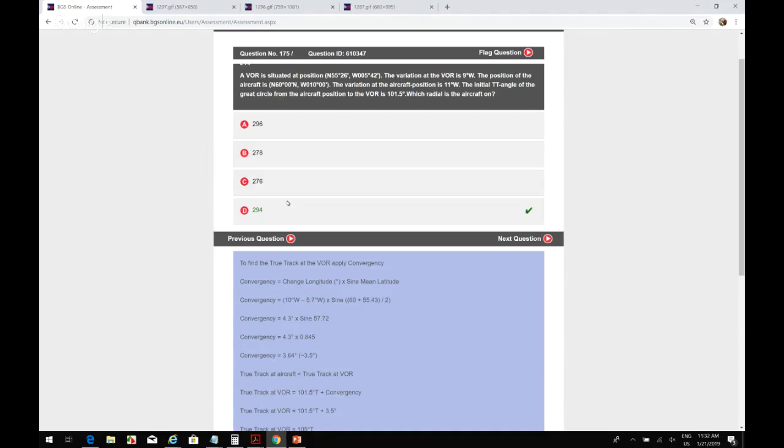The aircraft position was, well, sorry, 101.5 plus 180. Here's the radial, 281. So 281 from the VOR, 281 plus 9 is that, and we take away 3.64. 287. No, no, that's wrong.